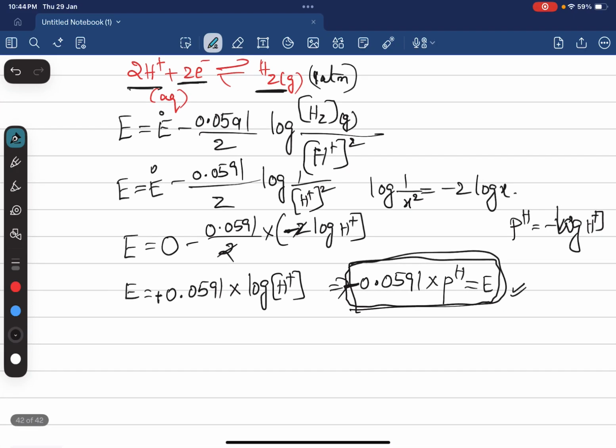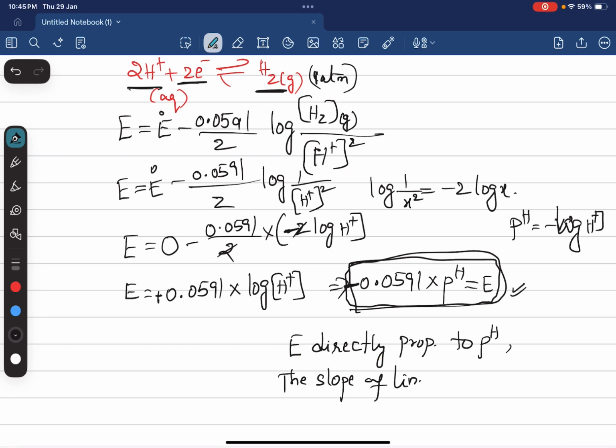So here E is directly proportional to pH, and the slope of the line is minus 0.0591 volt per pH unit. These are the related derivations, students.